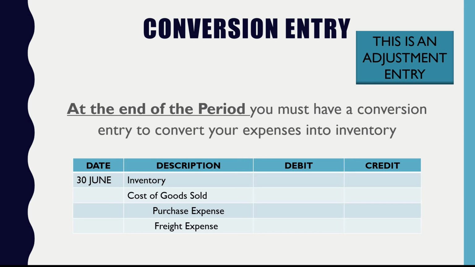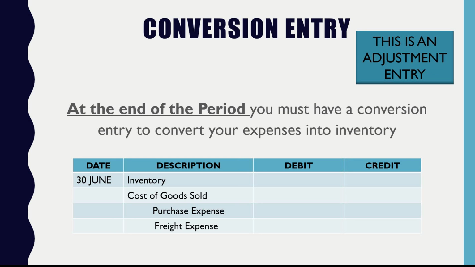It happens at the end of the given period, because that's where you get your ending balance. So it's an adjustment entry. Now, when we're looking at how the journal is going to look, think of it this way.